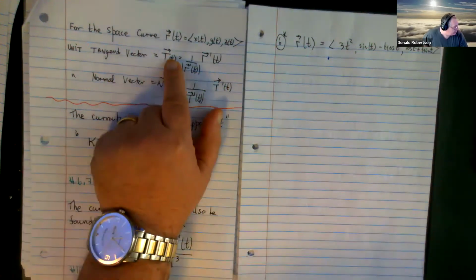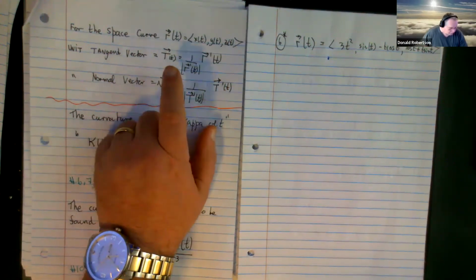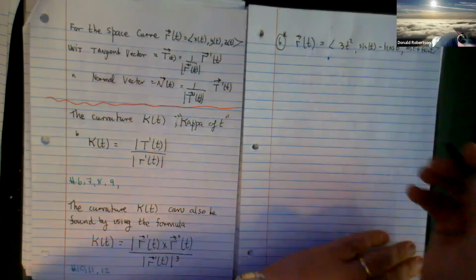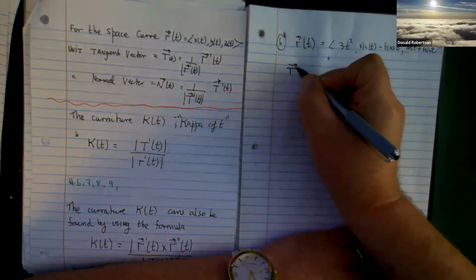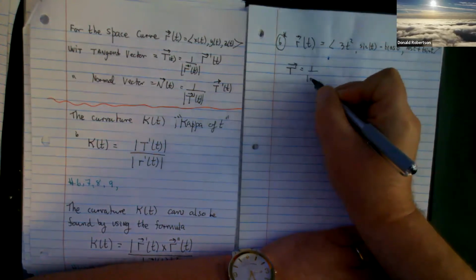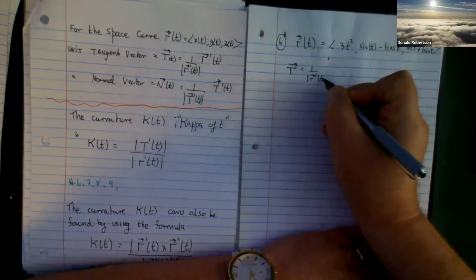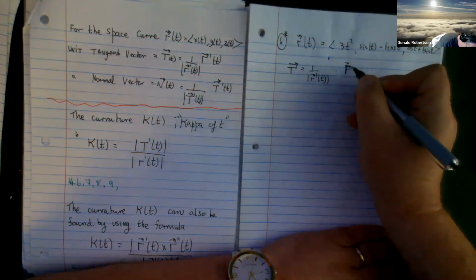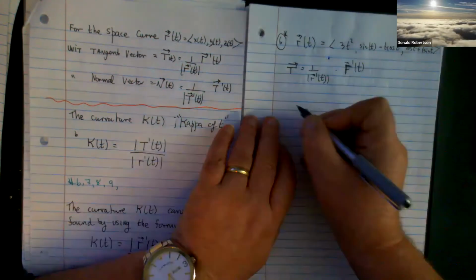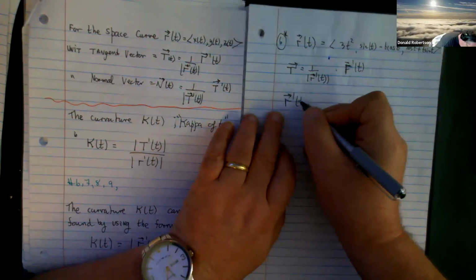We're being asked to find the unit tangent and the unit normal. So let's show you how that works. The unit tangent is 1 over the magnitude of this guy. Oops, that's an R'. The derivative. So I'm going to have to find R dashed.